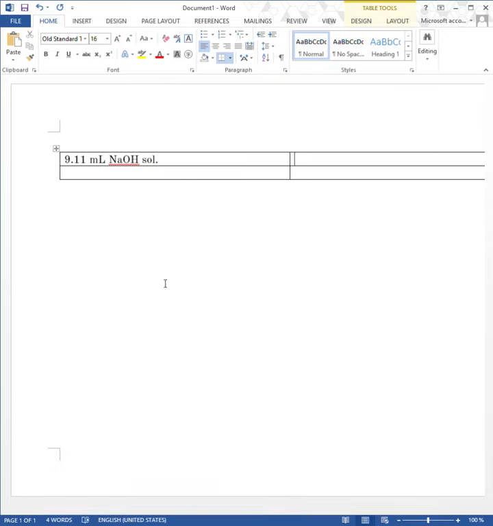Now, we also know our molarity, or the concentration, right? So 1.06 moles of sodium hydroxide per 1,000 milliliters of sodium hydroxide solution.